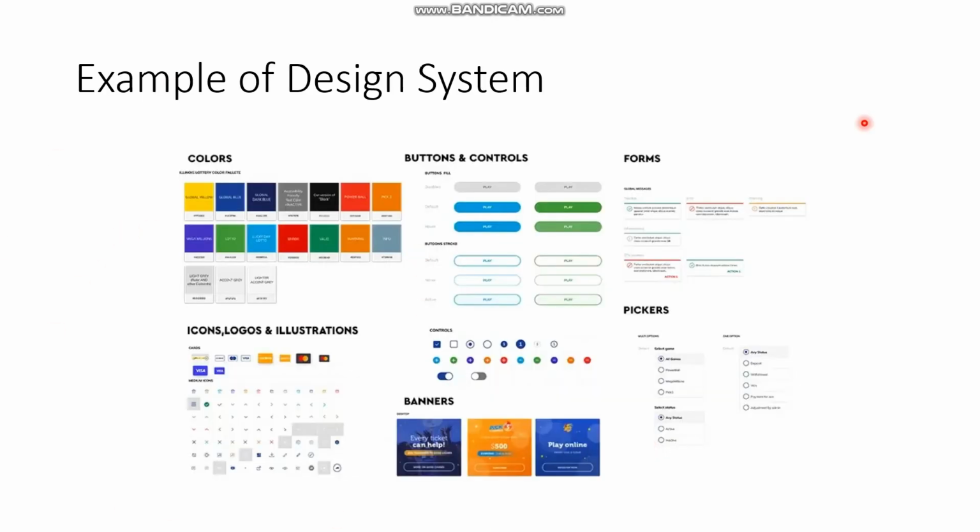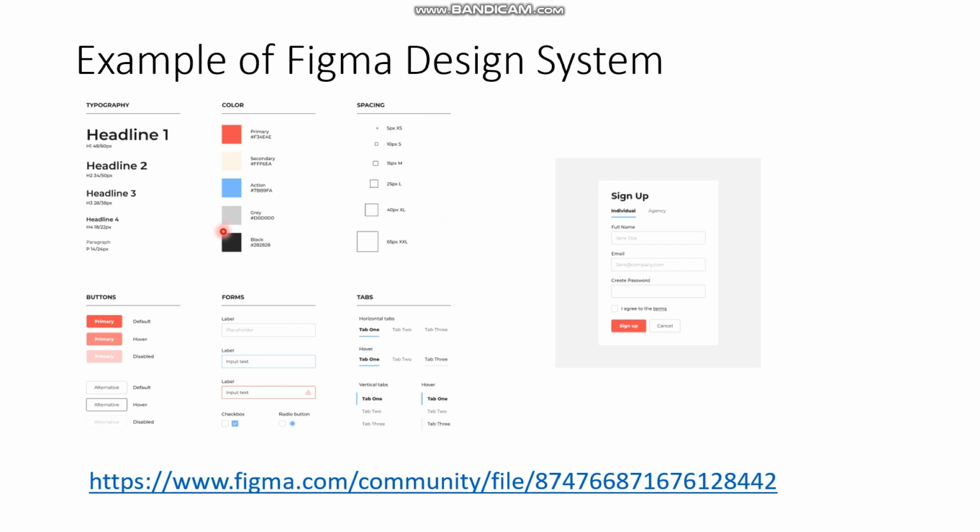So this is an example of a design system where you will see the colors that will be used, buttons and controls, forms, icons, logos and illustrations, banners, and pickers. And this is an example of the Figma design system. Okay, it has typography, buttons, color, spacing, forms, and tabs that contribute to this sign up page.